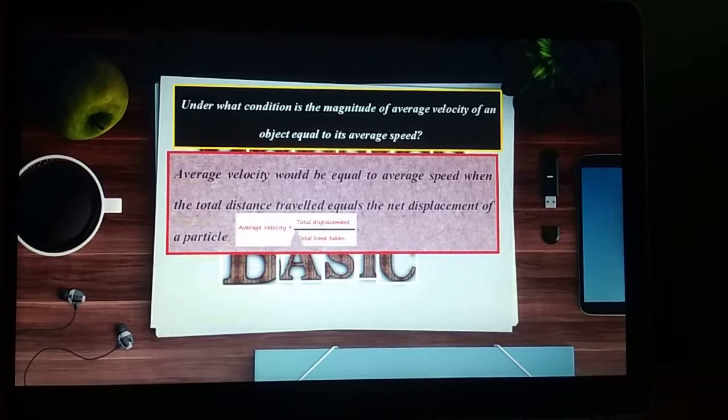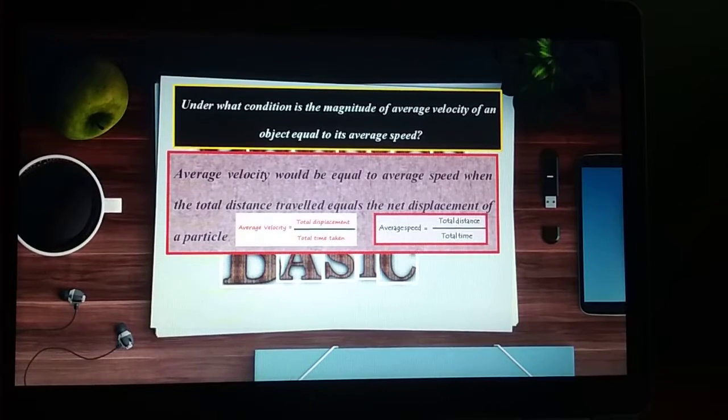Now you know that average velocity is equal to total displacement divided by total time taken, and average speed is equal to total distance divided by total time. So when these two quantities, distance and displacement, are equal, then average speed and average velocity will be equal. Here one thing is, it is asking about only magnitude.